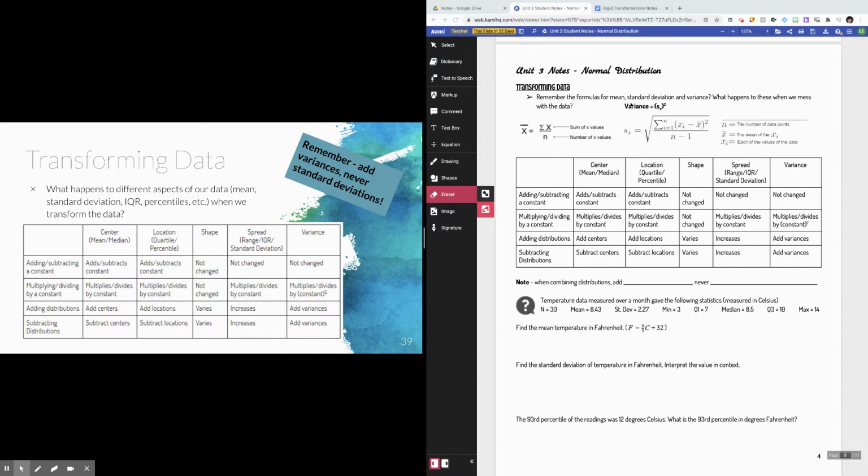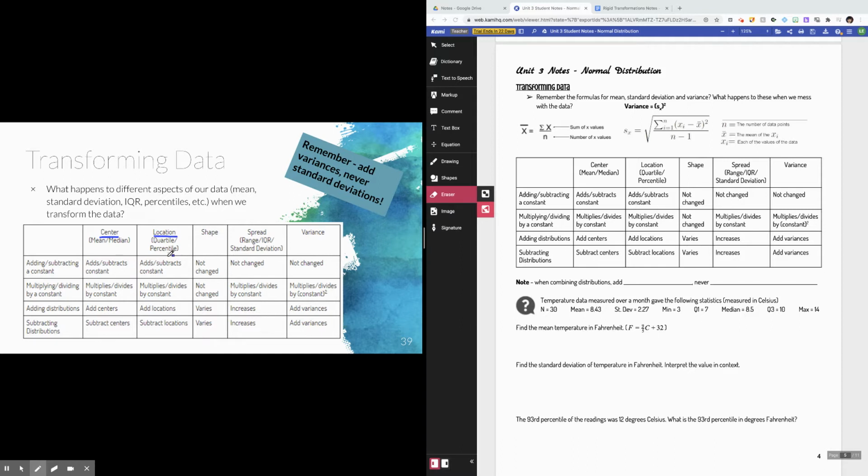Okay, so when we transform data distributions, there are a lot of things about the distributions that will change when you manipulate them. Just as a reminder, when you add or subtract a constant, that will only affect your center and individual data point locations.